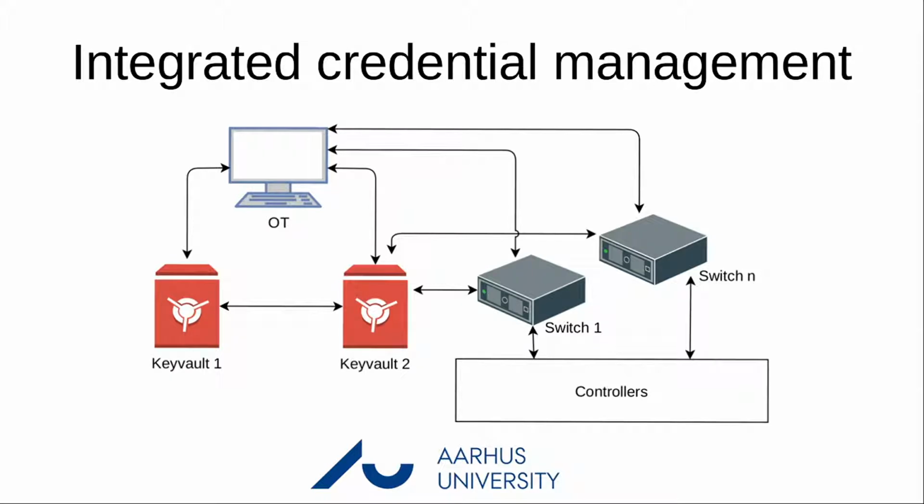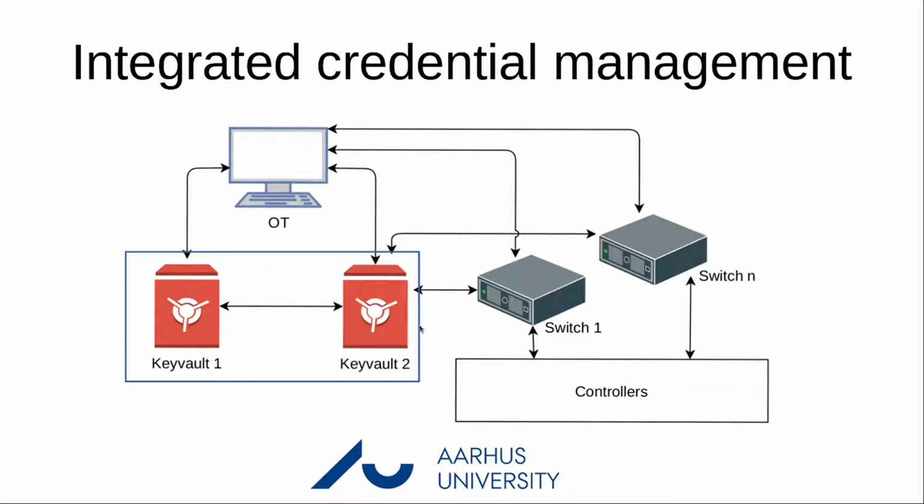So let's say that we have a component called a key vault. Now this component is responsible for knowing who has access where, or it contains the database of valid users, and it is also the component that actually understands the state of the flow, or where the credential flow is at the moment.